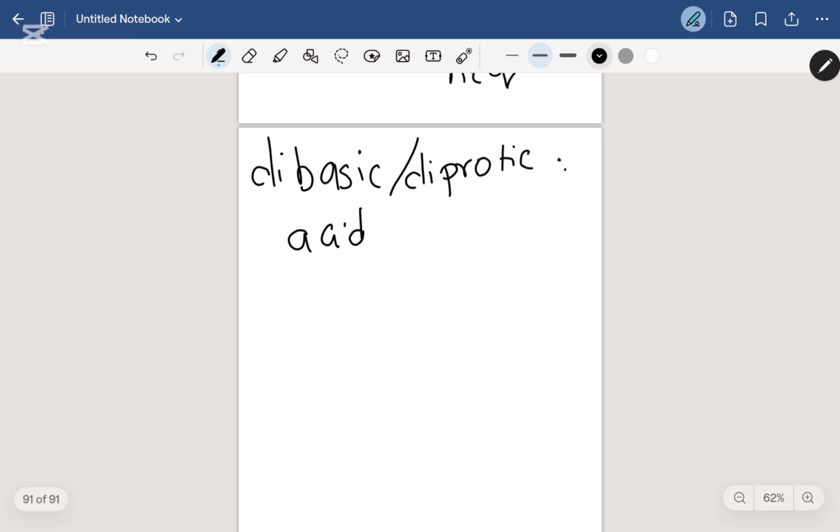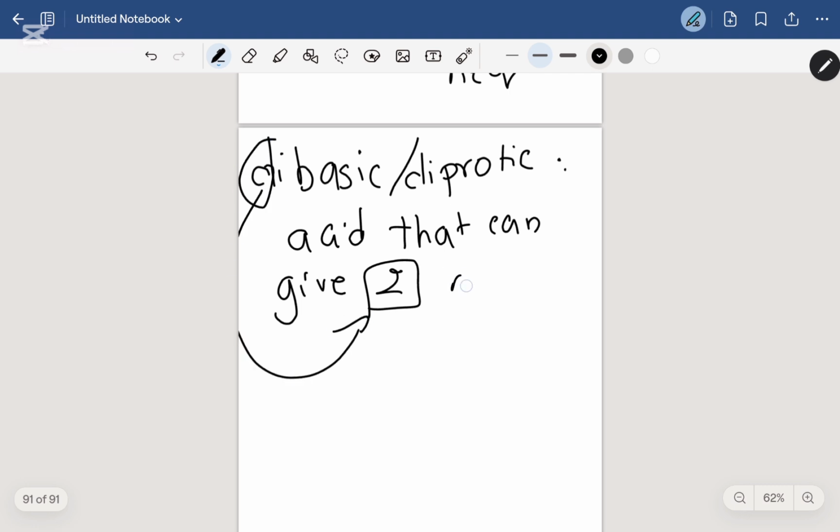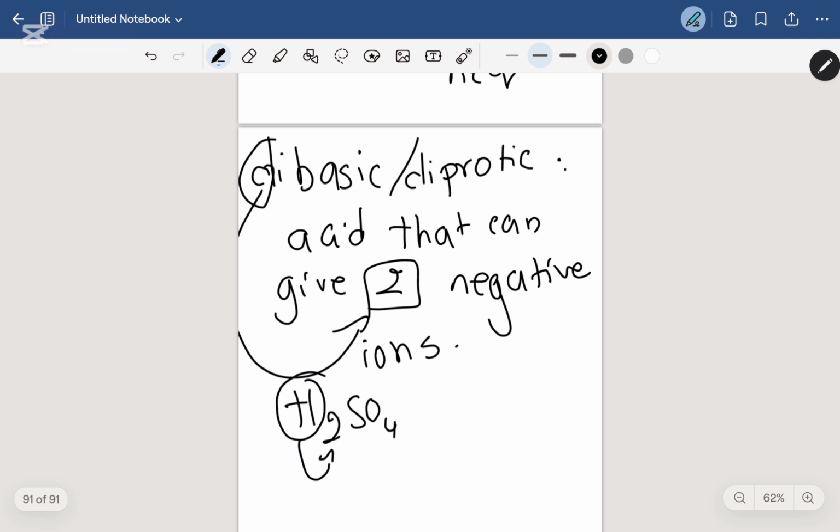This is an acid that can give two, di means two, ions. For example, H2SO4 is dibasic or diprotic. Just look at the H. Does the H have two? Yes, if this is the case, then it is diprotic.